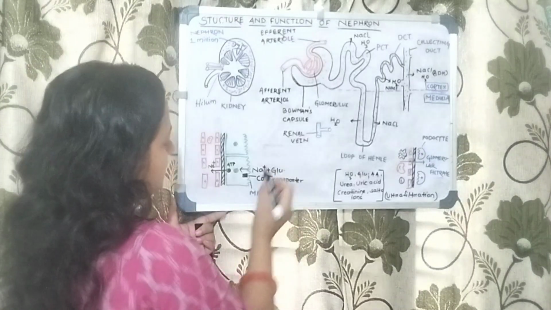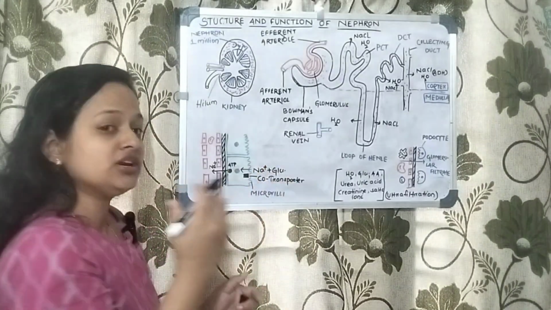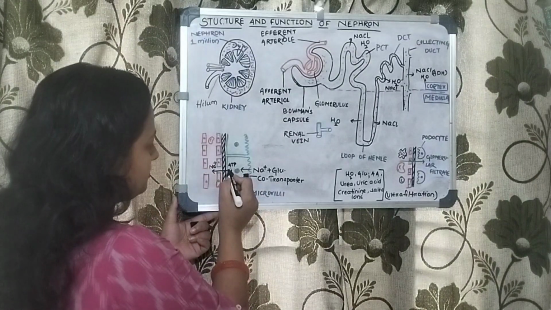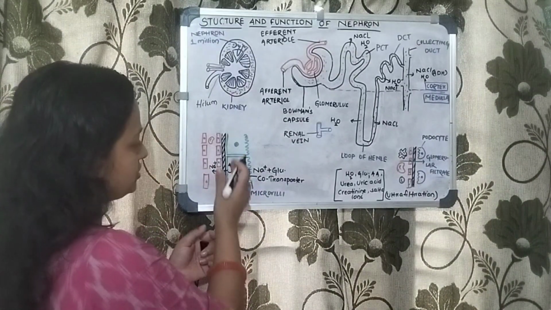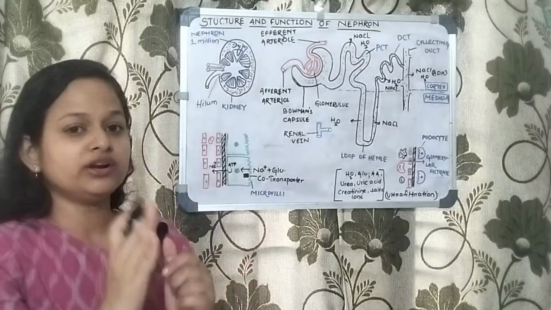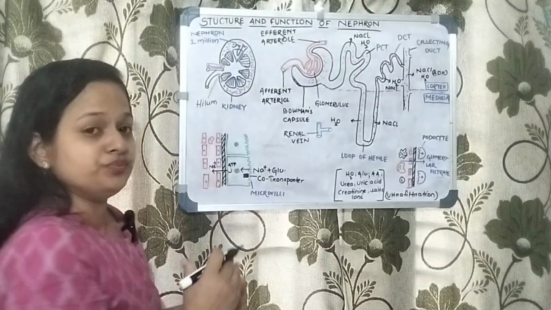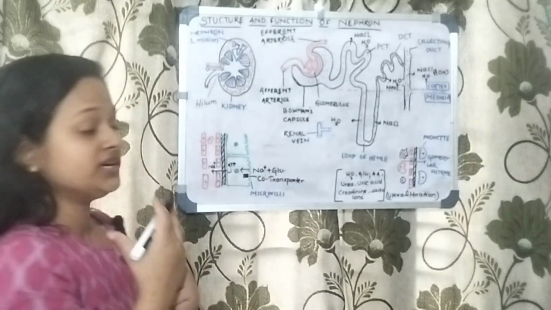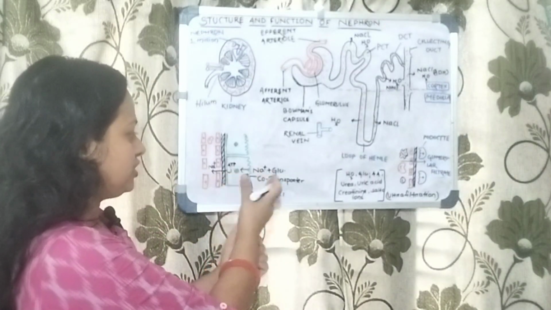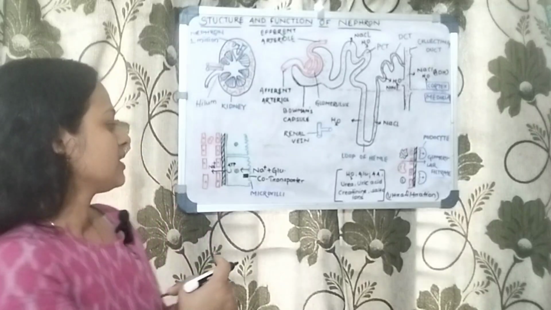So there is a co-transporter present in the inner lining of the PCT, and in the basal layer of the PCT, which is in contact with the blood vessel, there is an ATP pump. So what is the function of these two types of proteins? Both the co-transporter and the pump are proteins.